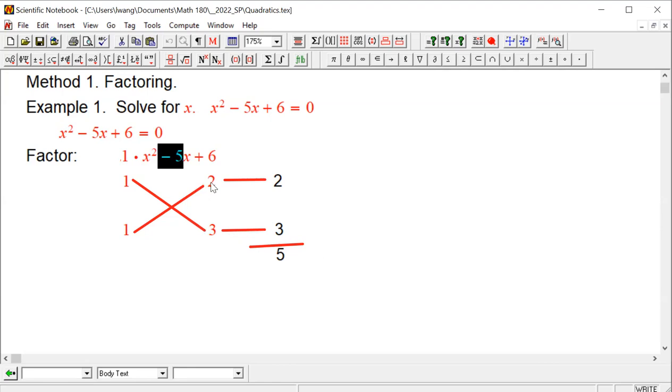Say I make this 1 times 6. 6 equals 1 times 6, so 1 plus 6 equals 7, and 7 does not match -5 either. So this is a trial and error process.